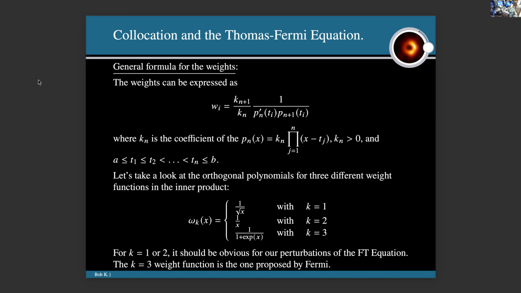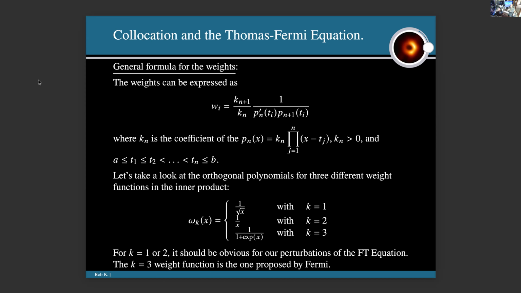So the first thing you need to do is choose a set of orthogonal polynomials. And there seem to be three fairly reasonable possibilities. 1 over square root of x, because we have y to the third over square root of x, so that might be a reasonable one. 1 over x, and the way in which I did the perturbation theory, it turns out to be x.